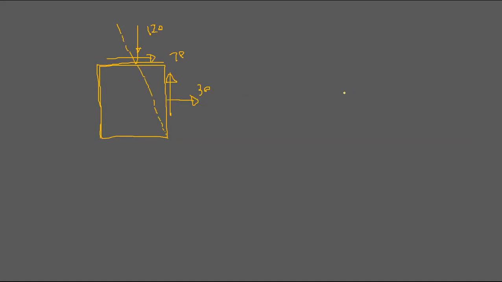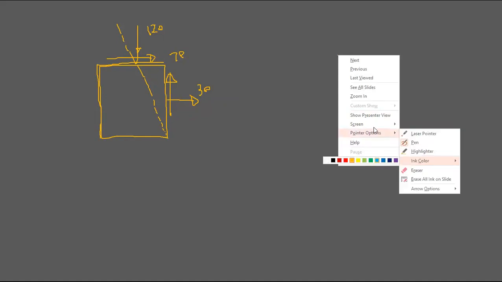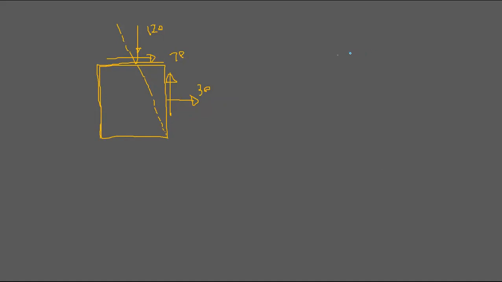So you can see when you rotate the element like this, you will have something like this. A plane where the normal stress on plane A, this is A, this is B, right? On plane A, right?